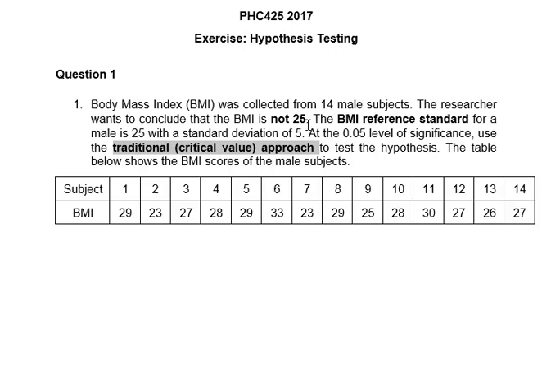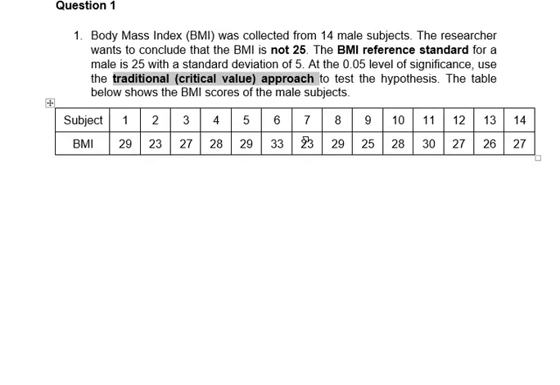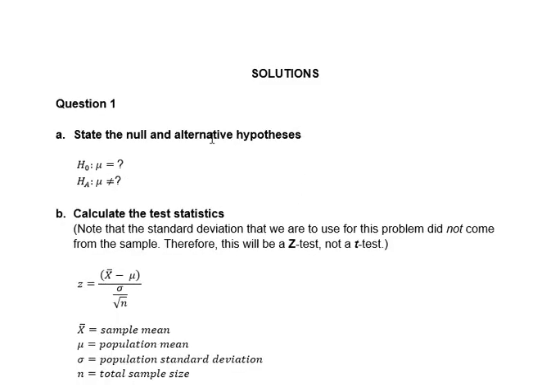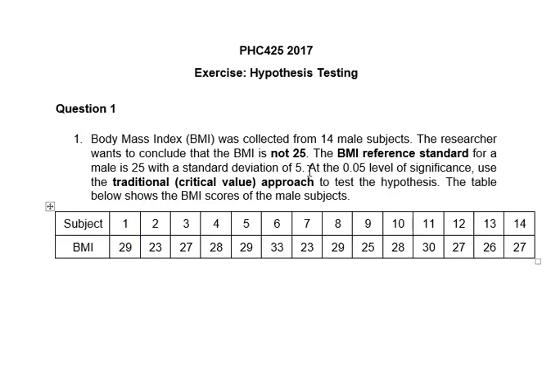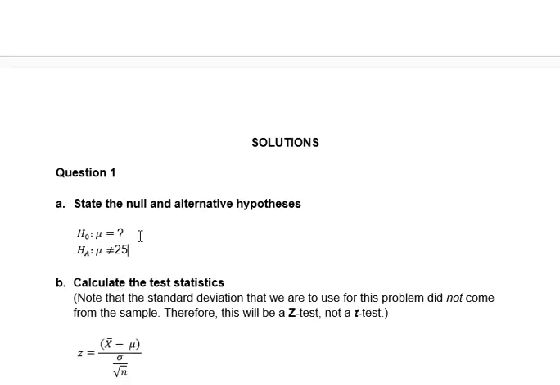So the researcher claimed that the BMI is not 25. You must state here that the alternative hypothesis is mu is not equal to 25. Alright? So it means that the null hypothesis is mu equal to 25. Right?